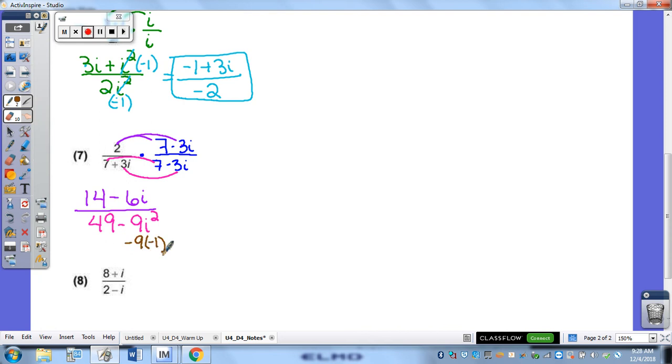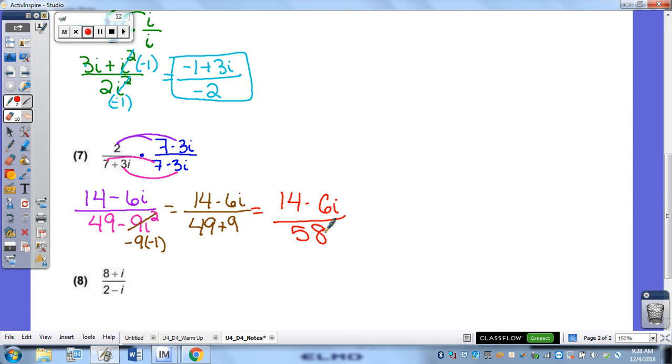This -9 is really times a -1 because i squared simplifies to be -1. So I have 14 minus 6i up top, and it ends up being 49 plus 9 in our denominator, because that -1 turns that -9 positive. So what is 49 plus 9? 58.